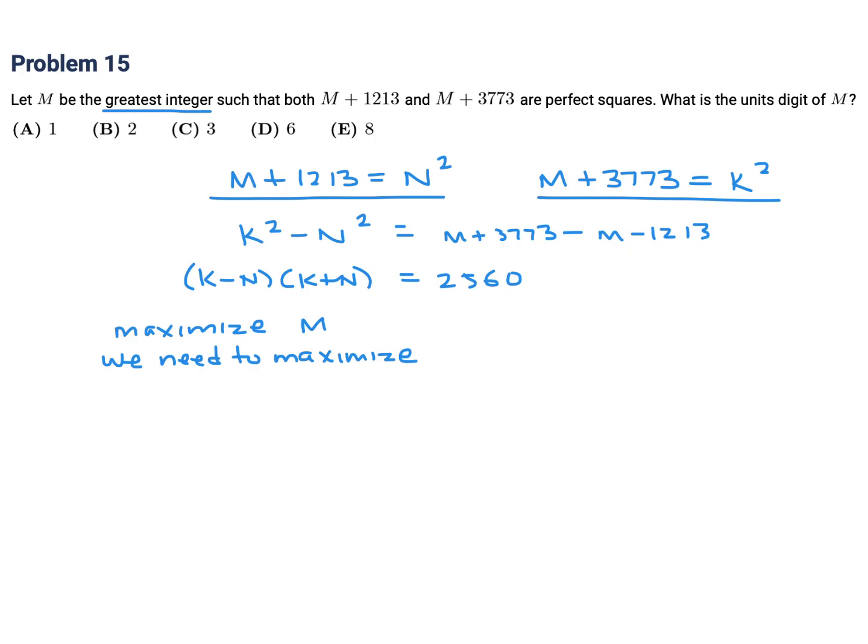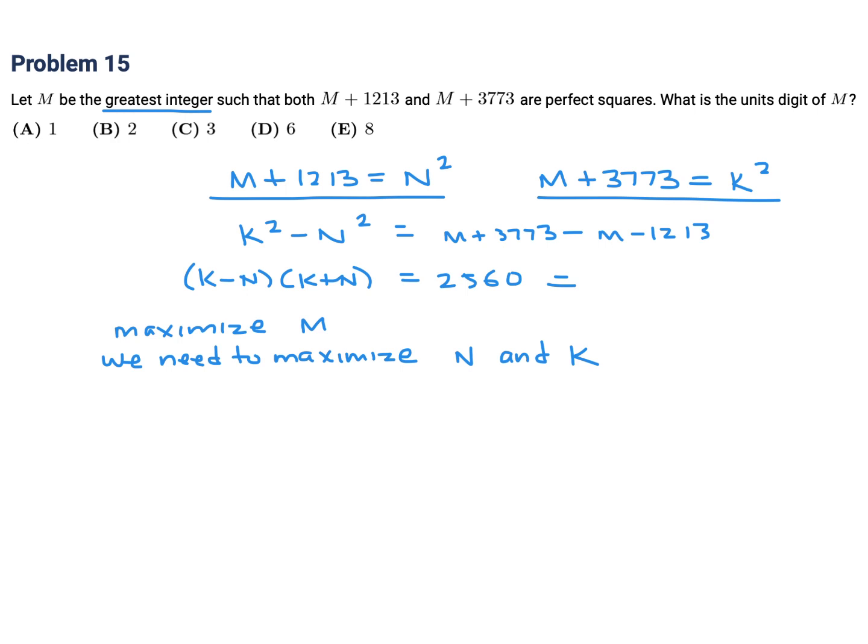So n and k, I guess. Okay, so, oh boy. Let's start with k. I'm just wondering which one I should start with. Does it even matter? But let's just start with k, since it's k minus n, k plus n.